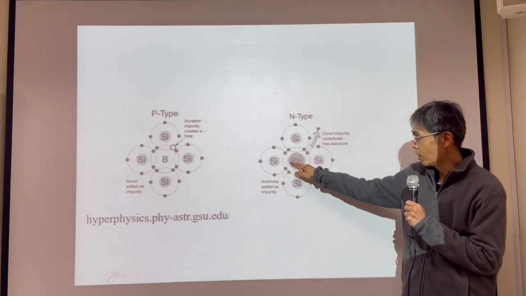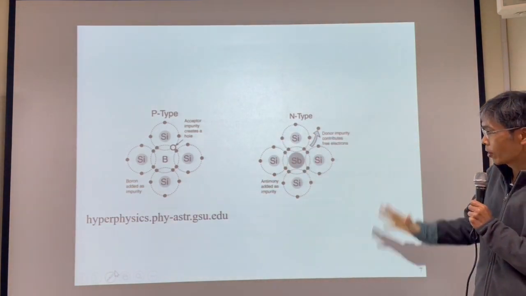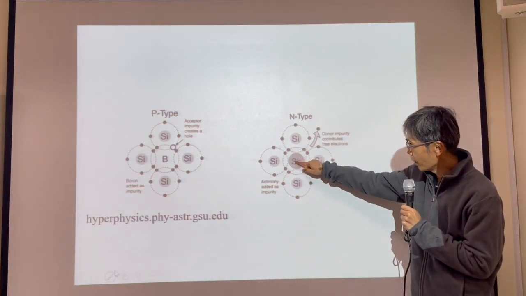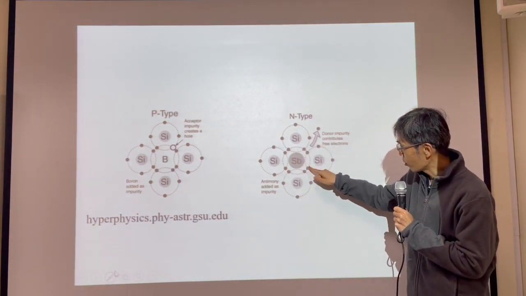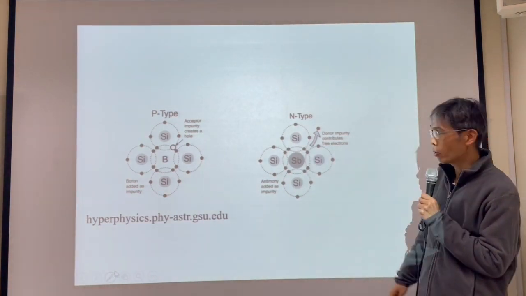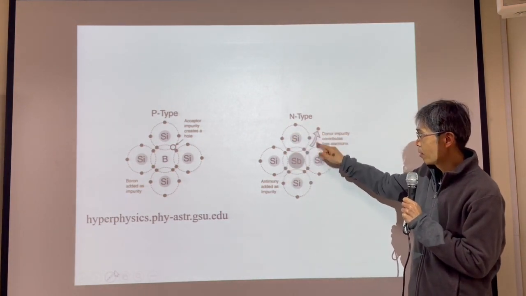And for this atom, it has 5 electrons. So we have 1, 2, 3, 4, and there's 1 extra electron wandering around.